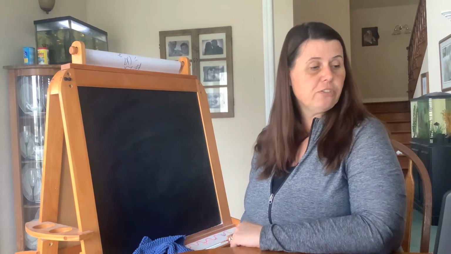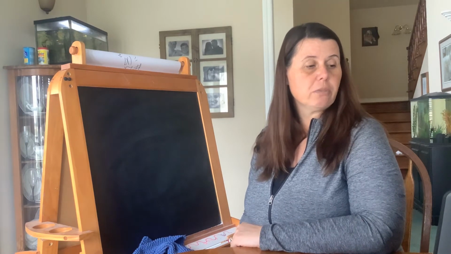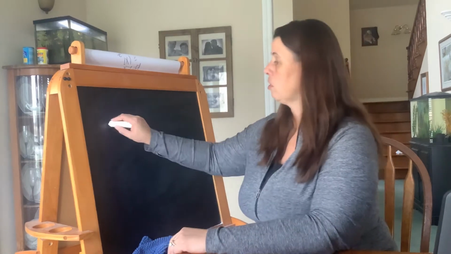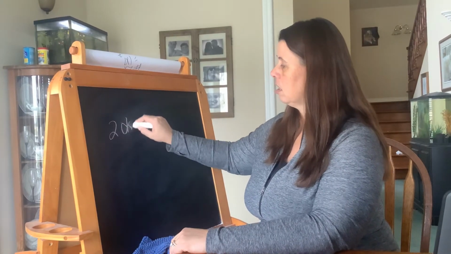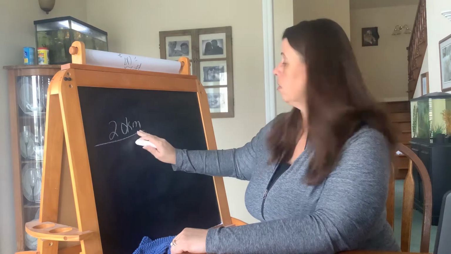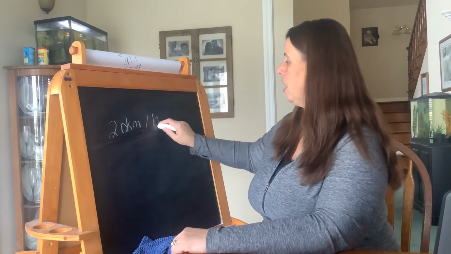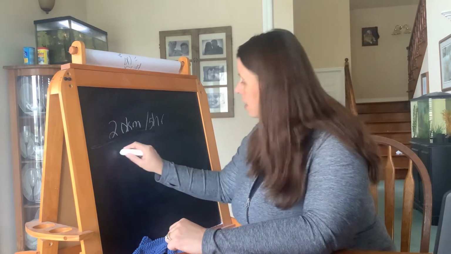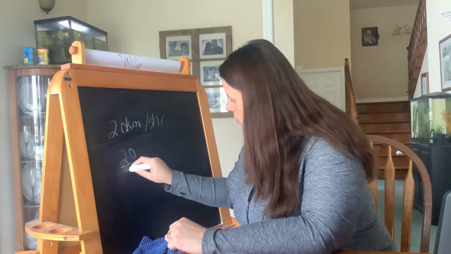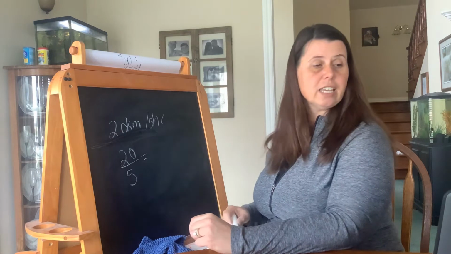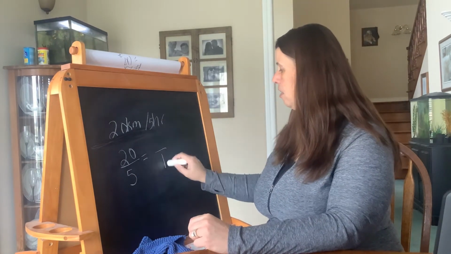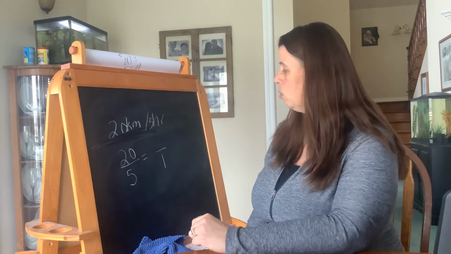Okay, number 2, find the unit rate by reducing the ratio to lowest terms. Okay, so you've got 20 kilometers per 5 hours, right? But this is actually 20 over 5. And we need to get it down to something over 1 because we need this 5 hours to be in lowest terms.